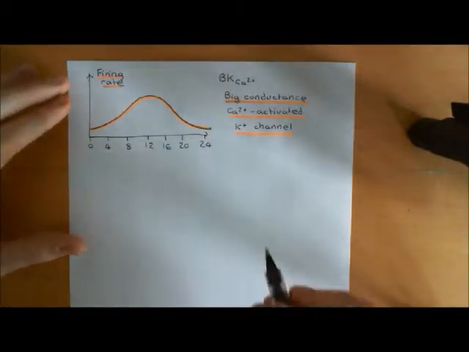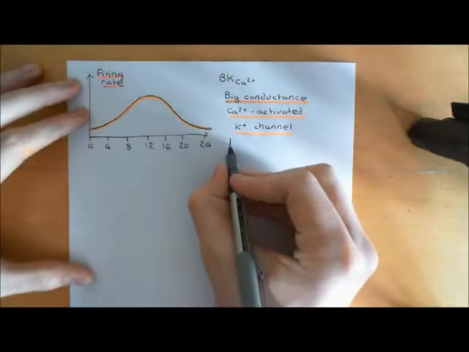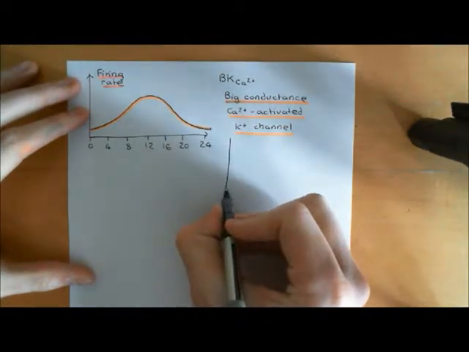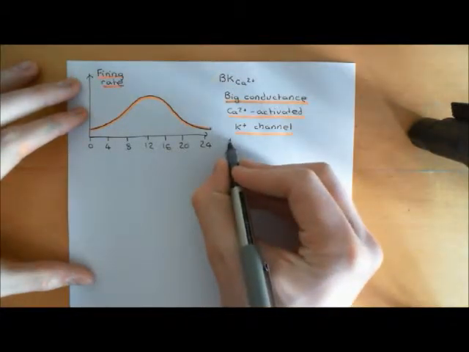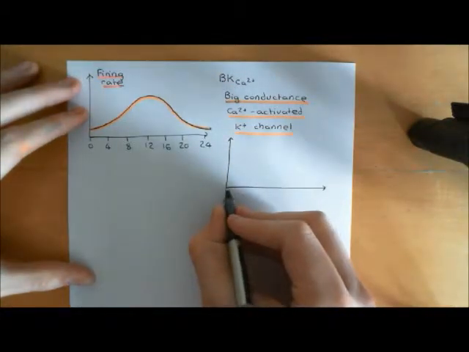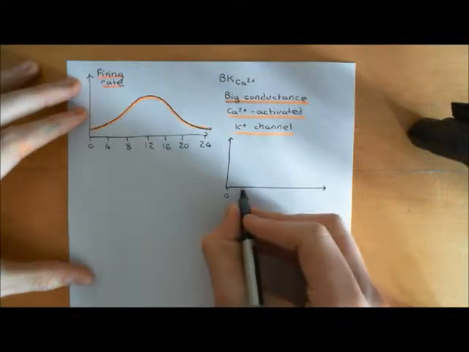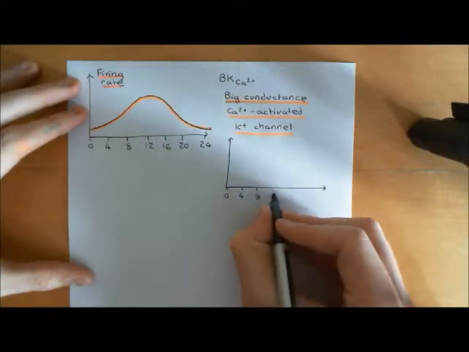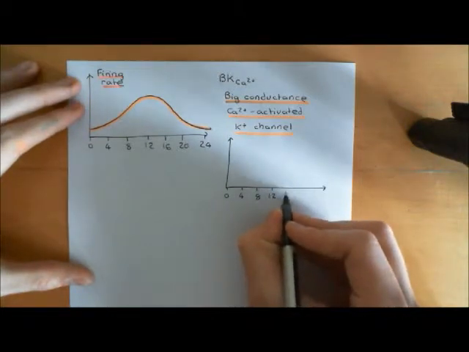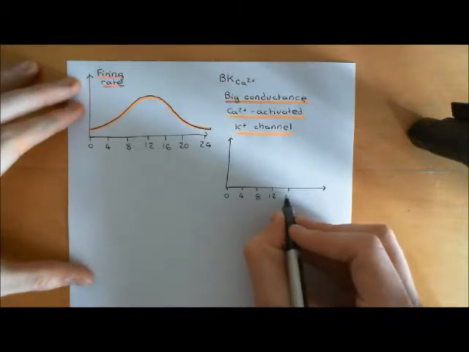Now, the expression level of these big conductance calcium-activated potassium channels on the cell membranes of the suprachiasmatic nuclei neurons also shows a circadian oscillation, and we know how the expression levels of proteins can show circadian oscillations.